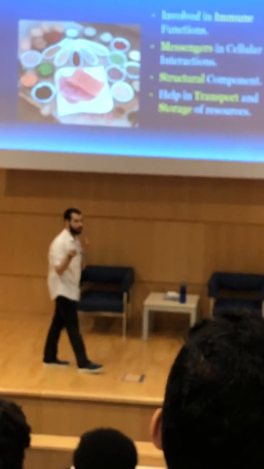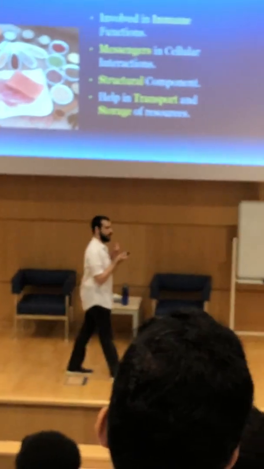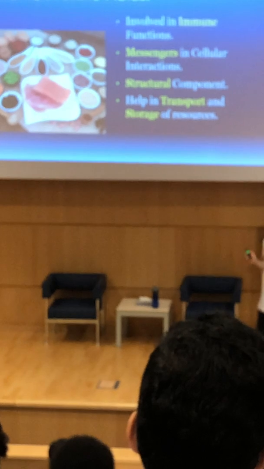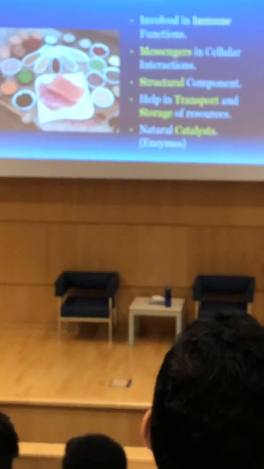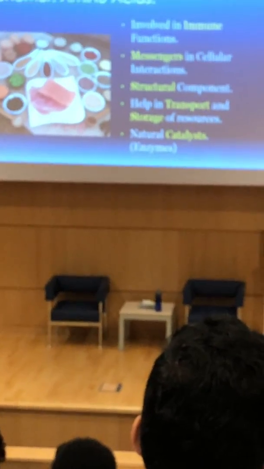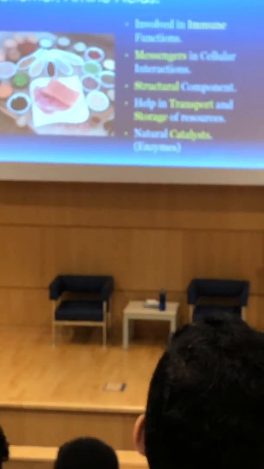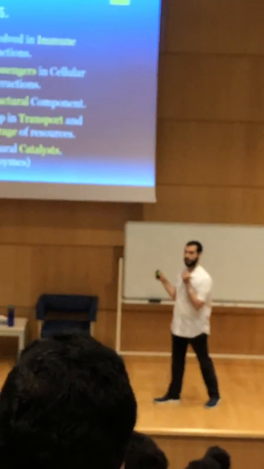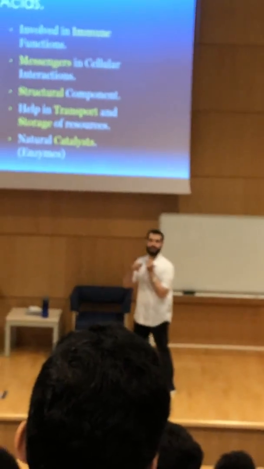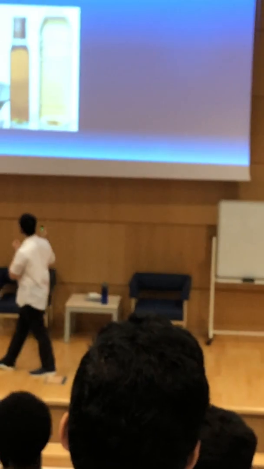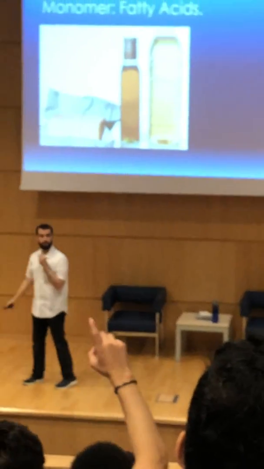It stores iron so that it doesn't react with everything else around in the cell. Lastly, and definitely most important for the context of biochemistry, they are natural catalysts, enzymes. I'll not talk much about it right now. I have a full slide on it later and 2 lectures for you in 2 weeks. Next, lipids.